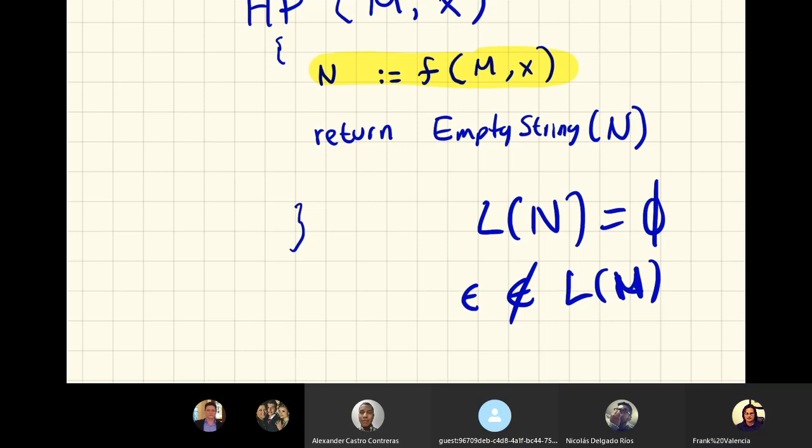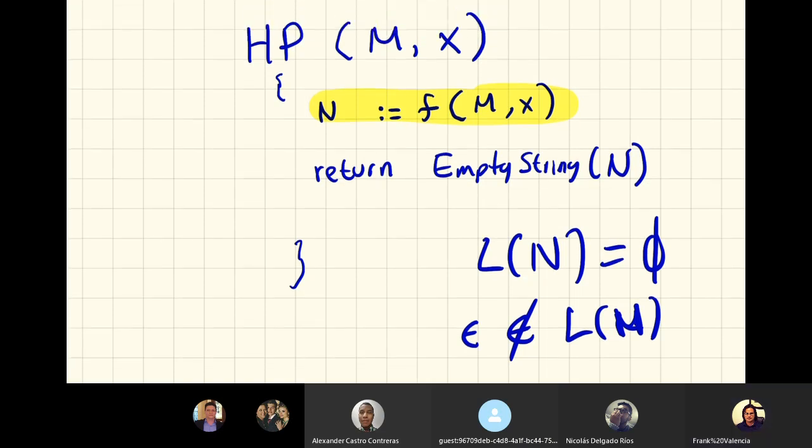Now, and this is the point, if the language of N is equal, what do I know about M and X? I know that M runs forever on X. So that means that M doesn't halt. Yes. So you see, then this is good.